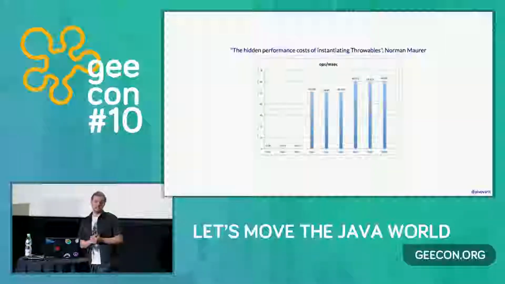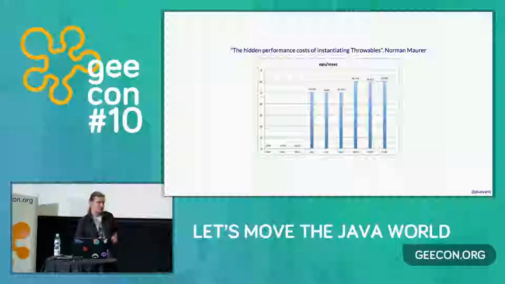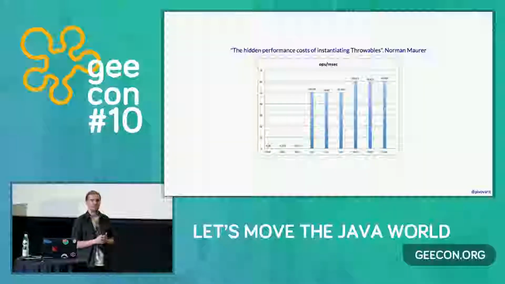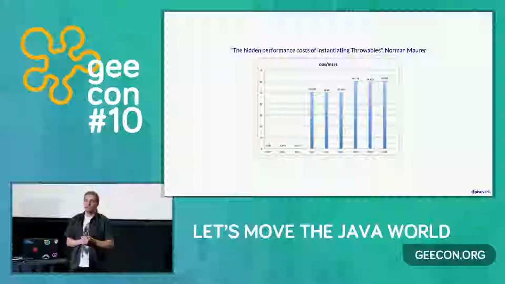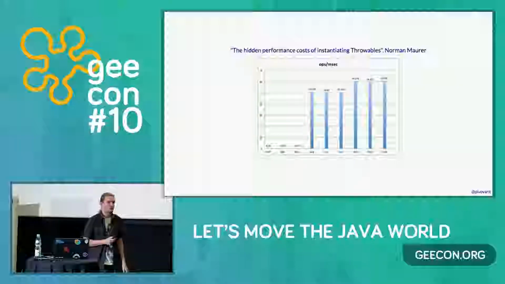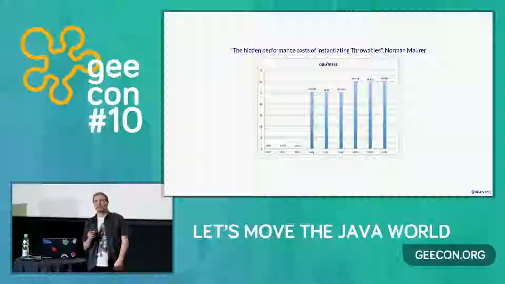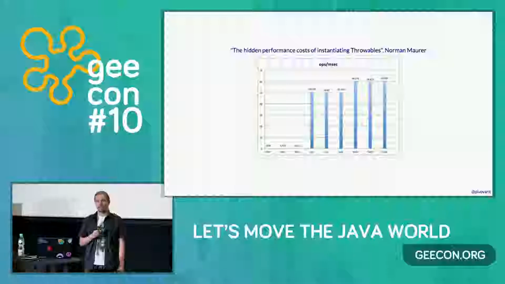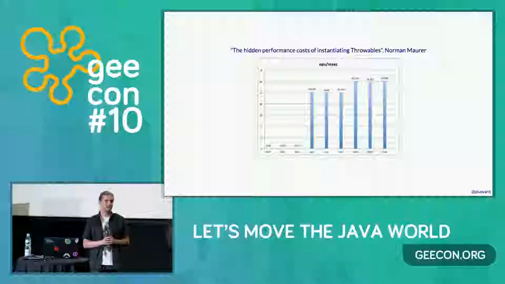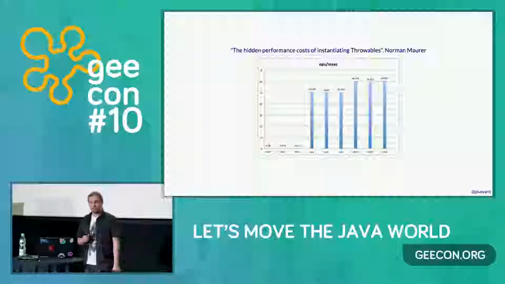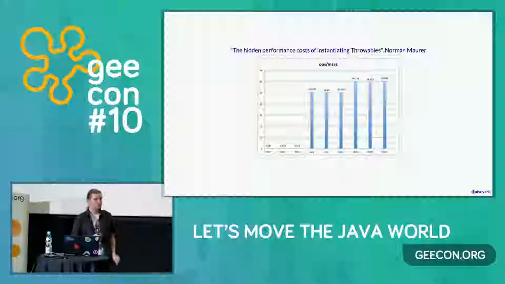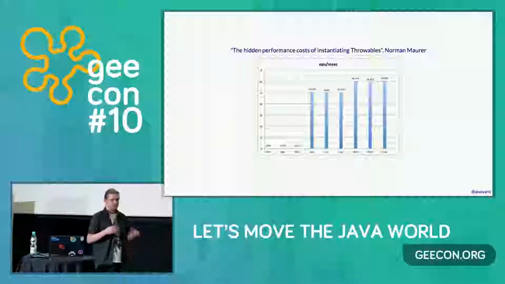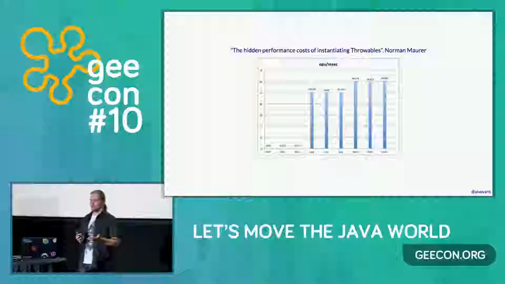And here are the results. So we have 3 groups of exceptions here that you can compare, and the results are in operations per millisecond. So what you can see here is that on the left, you have bars there. They are very small, they are very hard to see, but they are there. And those represent situations where normal exceptions were instantiated and thrown.